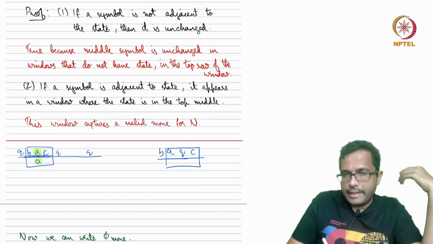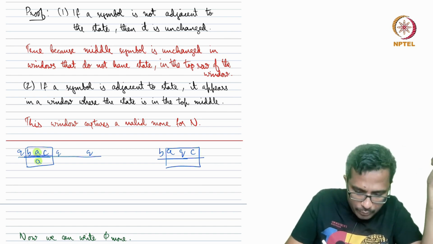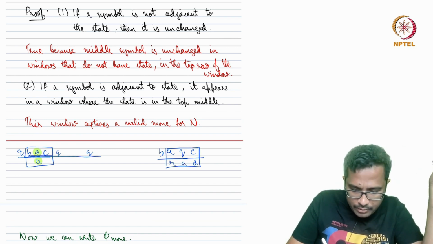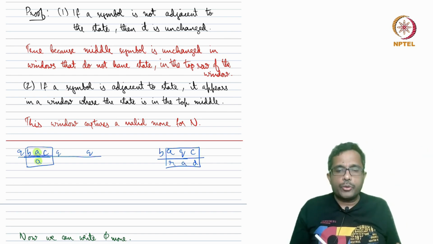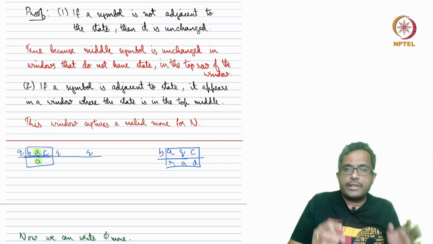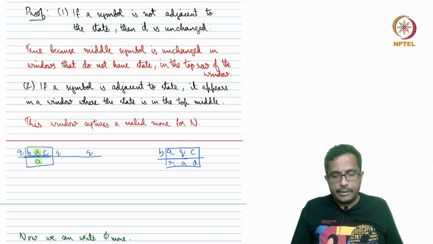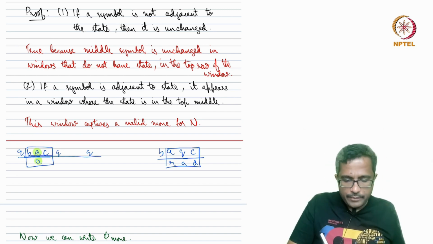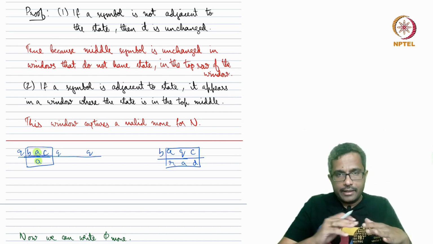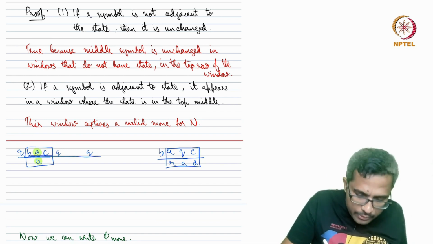Now the Q may move right or left, let's say it moves left, then C becomes D or something, and A comes here. So this particular 2x3 window in which the state is in the top center completely captures what happens to this part of the tape, or the changes are entirely confined to this 2x3 window.